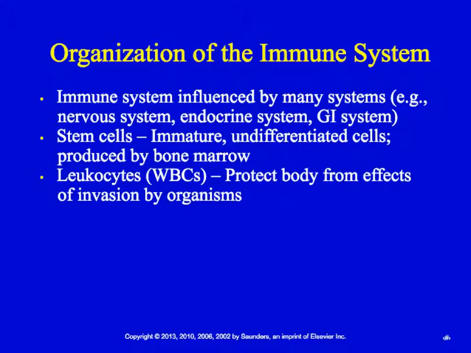Once the body identifies something as an antigen, it will stimulate the immune response. I'm just going to briefly review the organization of the immune system. First of all, let's talk about the white blood cells. You probably remember from anatomy and physiology class or maybe microbiology class that we have white blood cells to protect the body from the effects of invasion by organisms.